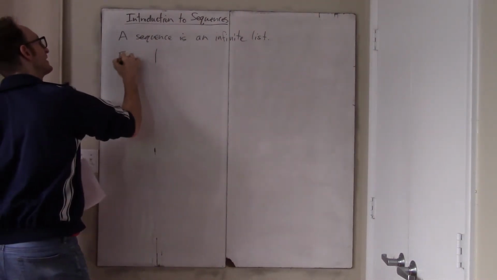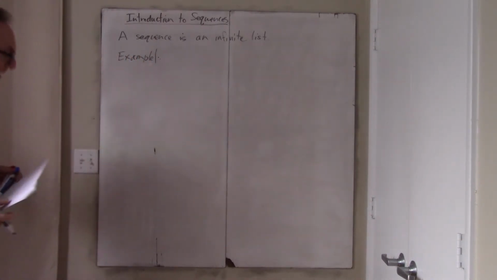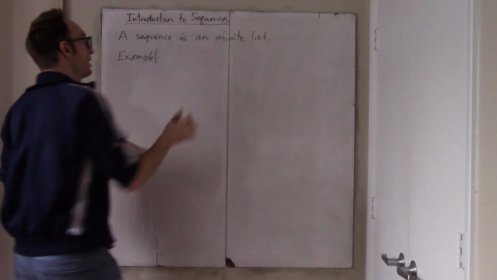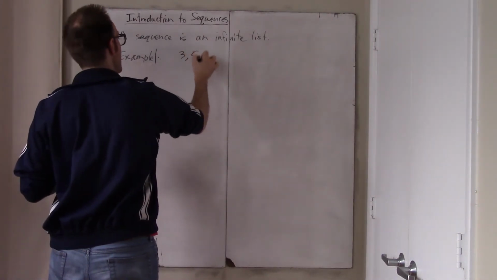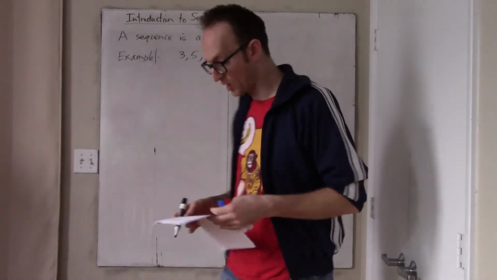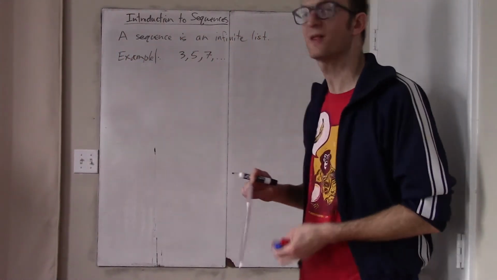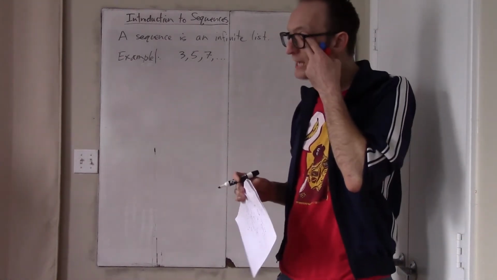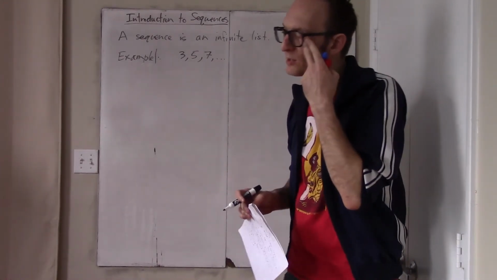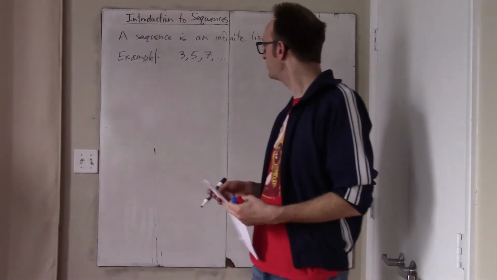Let's just give an example. What's an example of a sequence? Here's one: 3, 5, 7, something like this. This is the kind of thing you find on IQ tests: complete the pattern. But these problems are bogus, because who knows what the pattern is?